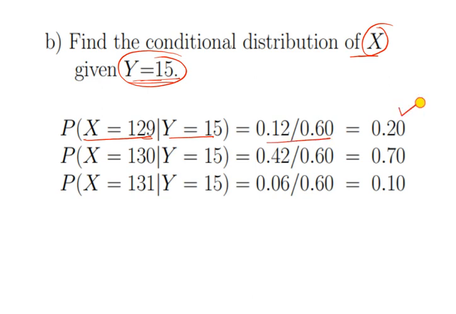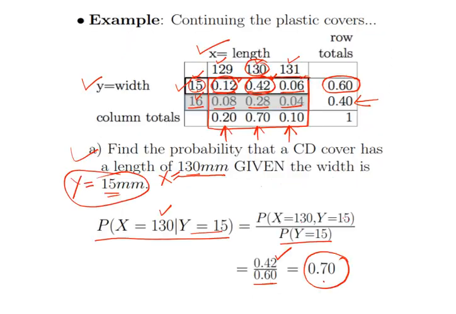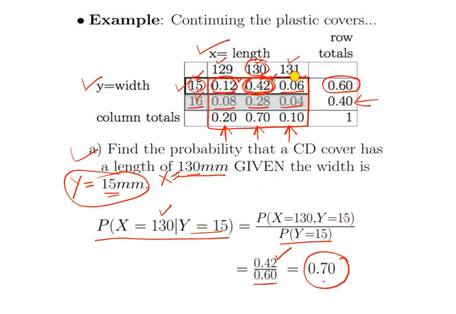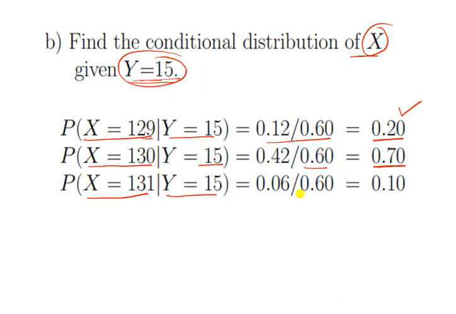After simplification we obtain 0.20. When the random variable x is equal to 130, y is equal to 15, it is 0.42 upon 0.60, so this is 0.70. Random variable x equal to 131 given y equal to 15 is 0.06 upon 0.60. After simplification we obtain 0.10.